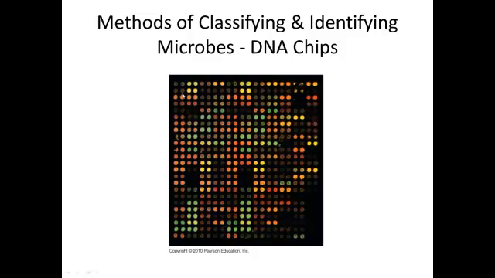Now here we can see that not very many strands found their buddy, their opposite number. Here we found more. Red is not so much, orange, yellow more, green is the most. So using this pattern, which by the way a computer reads, you can say, oh, this is organism X.